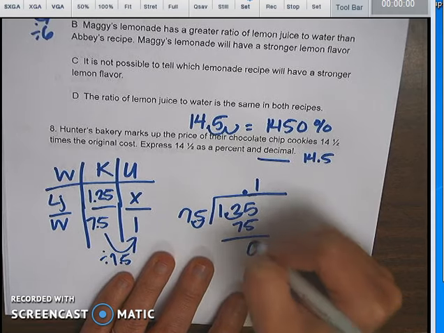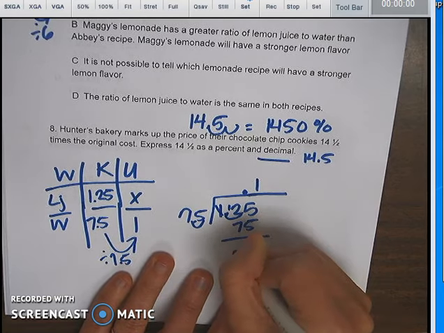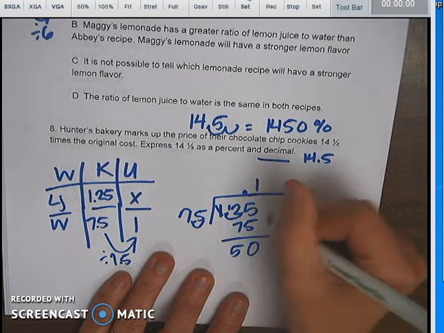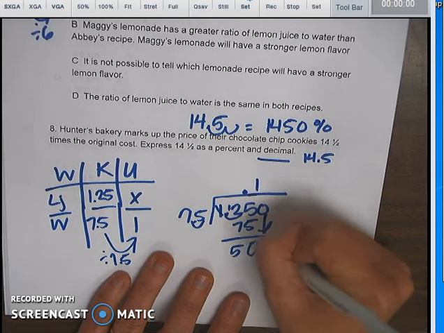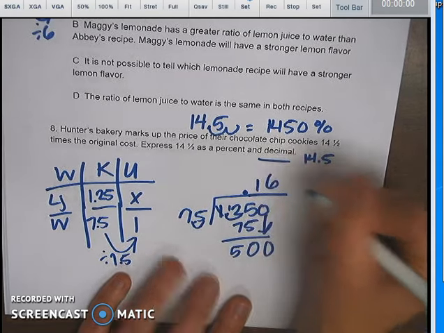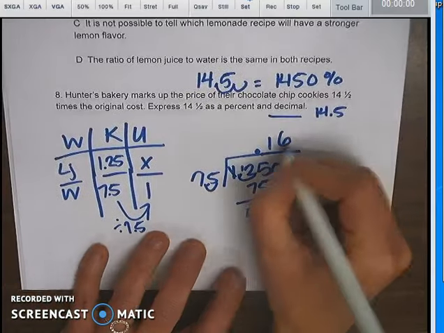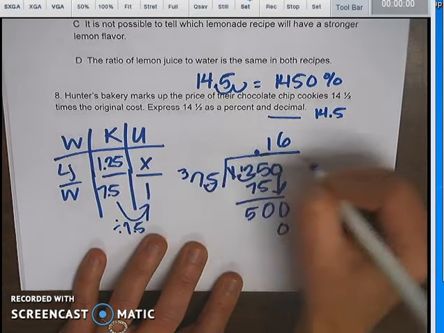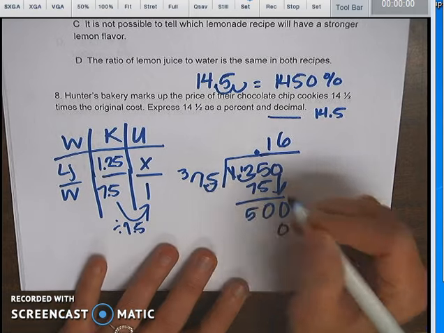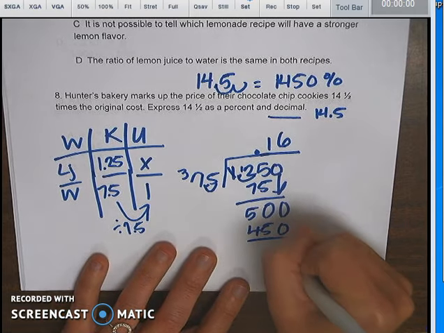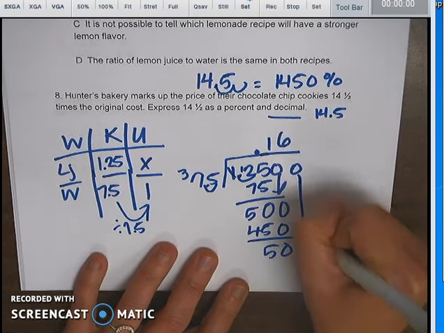75, 0, 5. Bring down a 0. That'll go in there 6 times. 6 times 75, that's 30, 42, 43, 44, 45. Look what's going to happen. It's going to repeat.